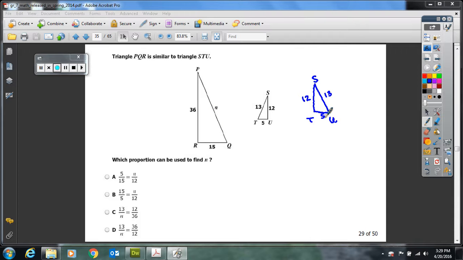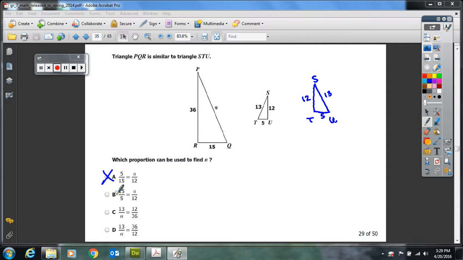But they took the smallest side in the small triangle and put that to the small side in the big triangle, and then they took the biggest side in the big triangle to the biggest side in the small triangle. You need to stay the same. If you're going to use small triangle to big triangle, you need to be small triangle to big triangle as well, and they didn't do that. So answer A, tossing that one out the window.